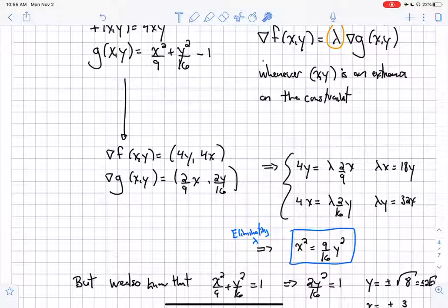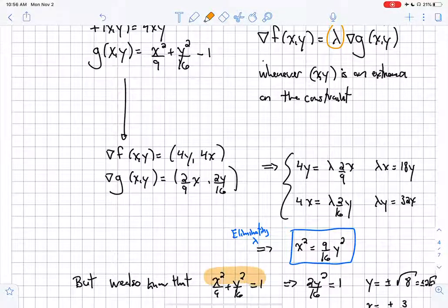But that's just a relation between x and y, which makes sense, because I have only used two equations, but I have three unknowns: not only x and y, but also the lambda parameter I introduced. Now I have to remember I have another equation, which is the constraint itself.